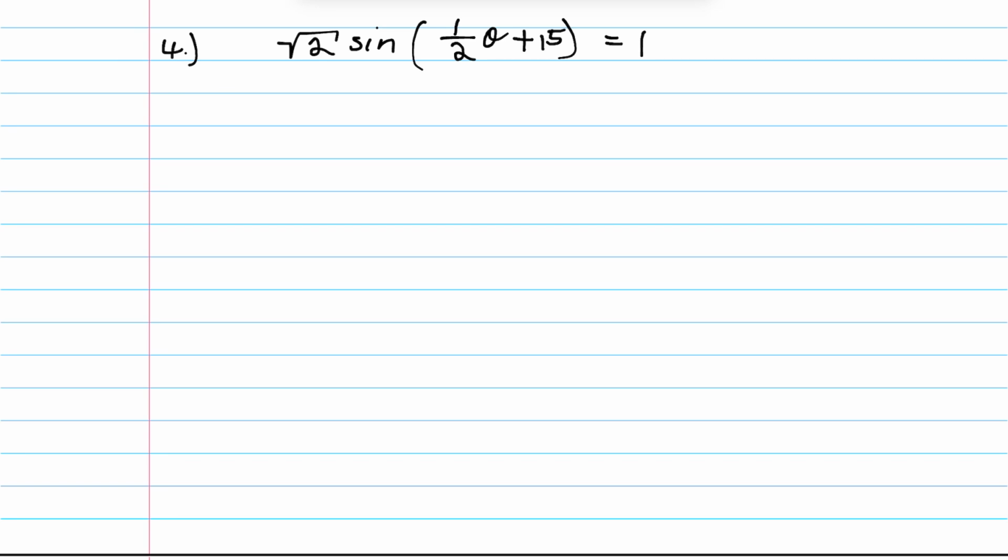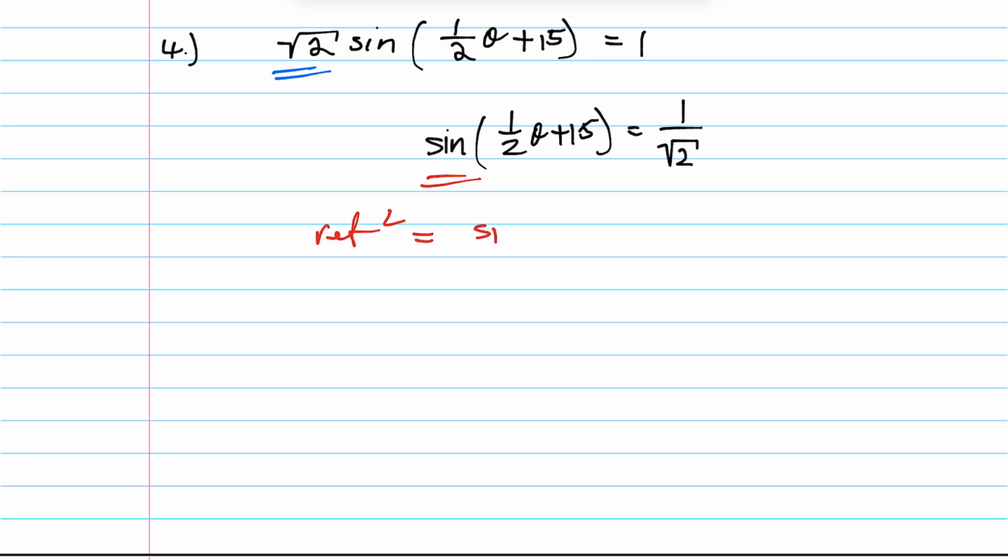And here we have the square root of 2 times sine of some angle equal to 1. I'm going to divide by the square root of 2 here. So that gives me sine of half theta plus 15 equal to 1 over root 2. When we get rid of the sine now, remember this part is what I refer to as finding the reference angle.